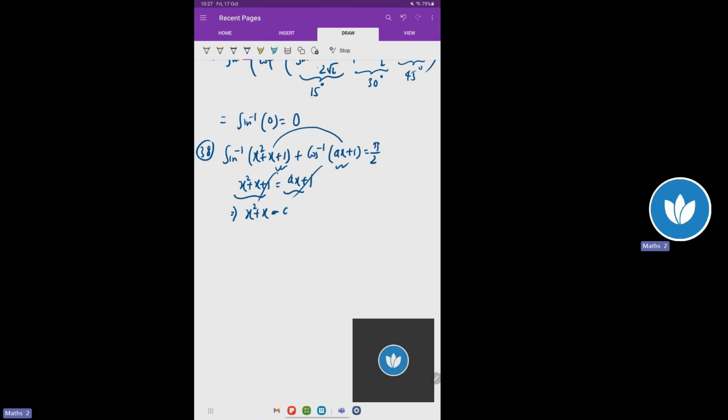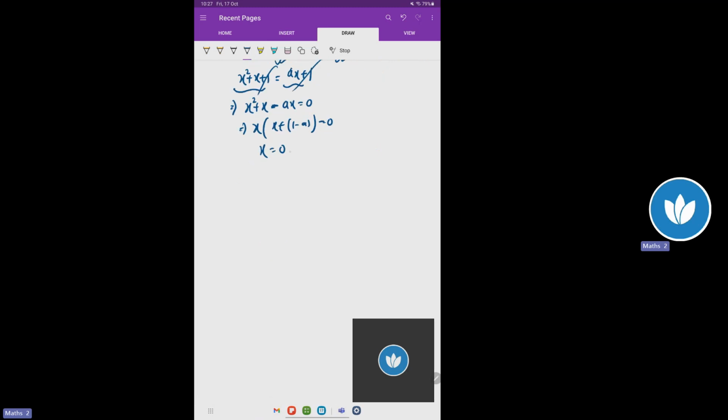So we can transfer this to that side. So x into (x plus 1 minus a) equal to 0. So here clearly x has two values. One is 0 and the other one is x equal to, sorry, a minus 1. Yes, this is x equal to a minus 1.